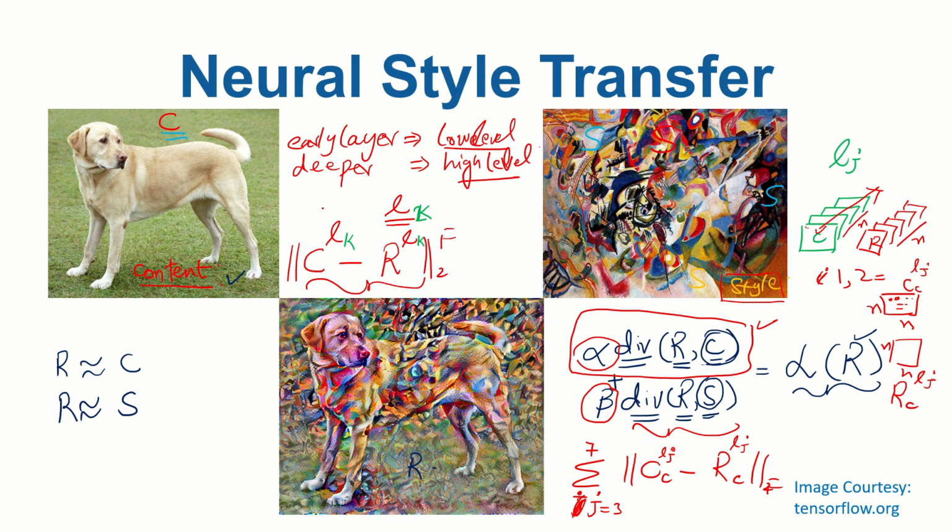If a convolutional neural network is trained on a large data set, then you can pick any pre-trained model and pick its middle layers. You have your content image, you have your style image, just randomly initialize your resultant image and apply gradient descent to reduce this cost. So that's the problem setup.